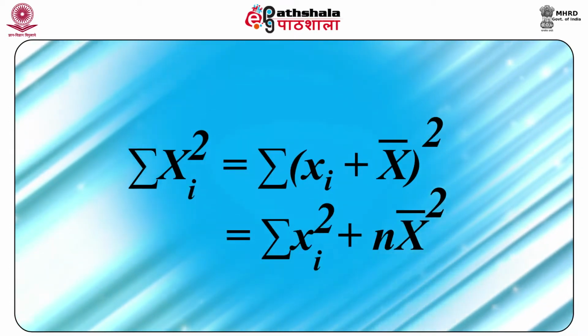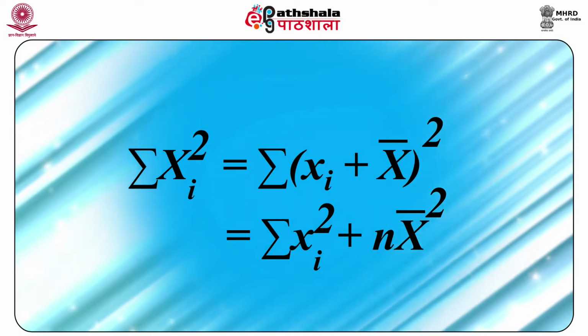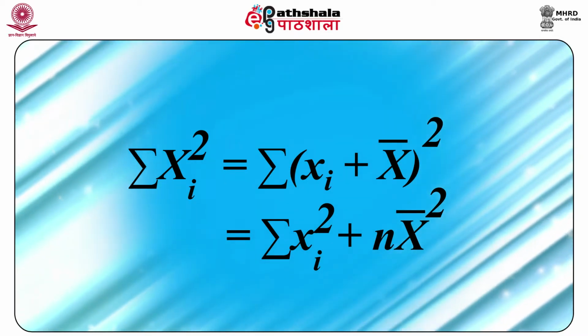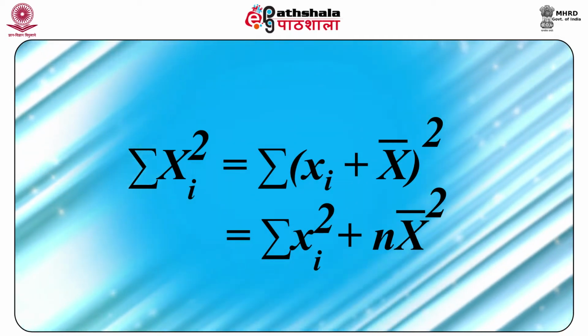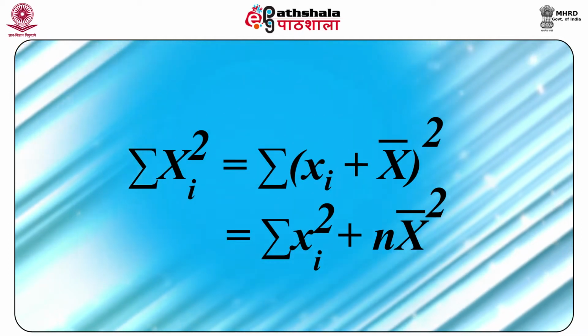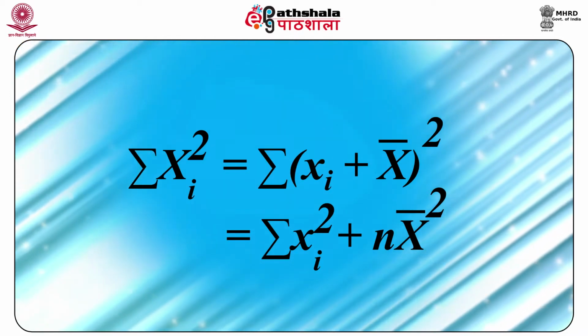Therefore, sigma capital Xi square is equal to sigma (small xi plus x bar) whole square, which is equal to sigma small xi square plus n x bar square.